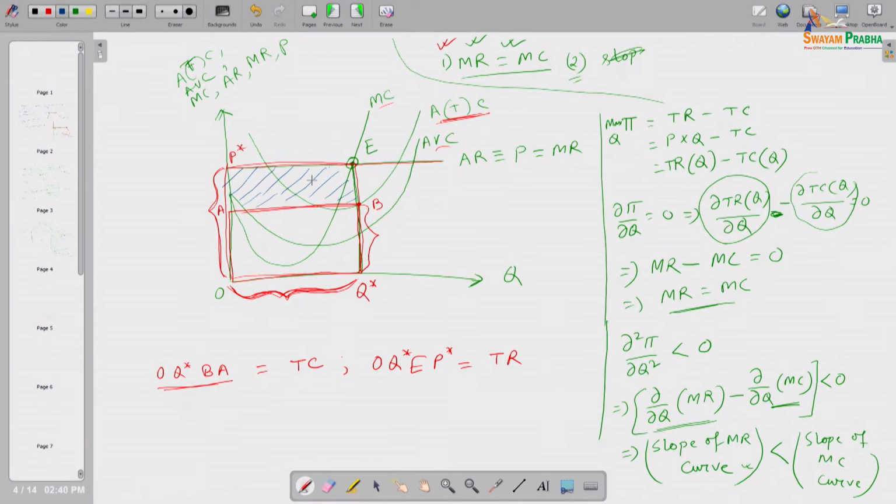How much profit a producer is getting depends on what kind of price line he faces in the market. Look, occupying a negligible share of the entire market, this producer does not have any control over the market price, as we have told earlier.